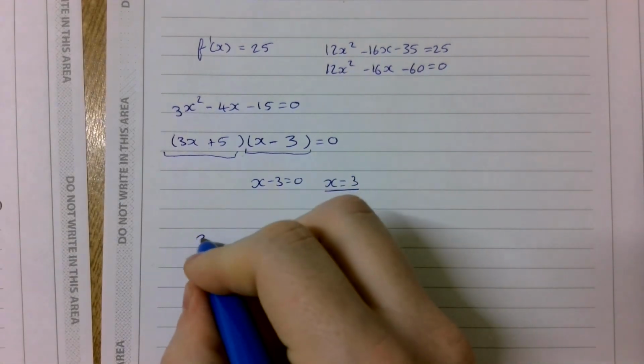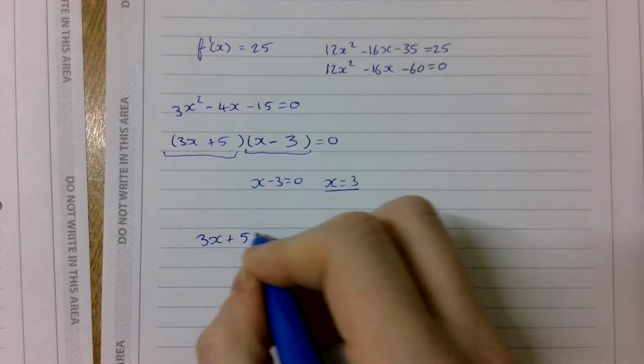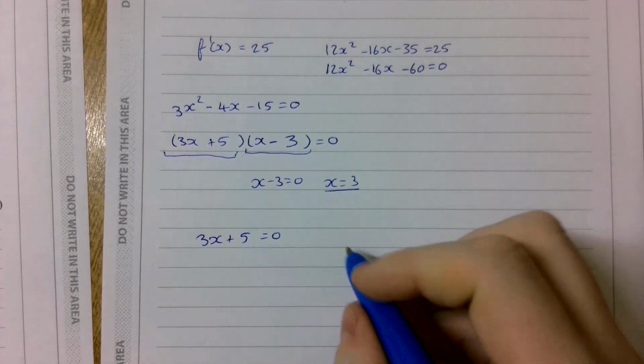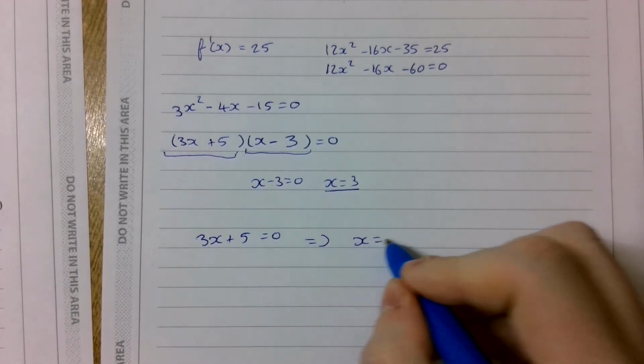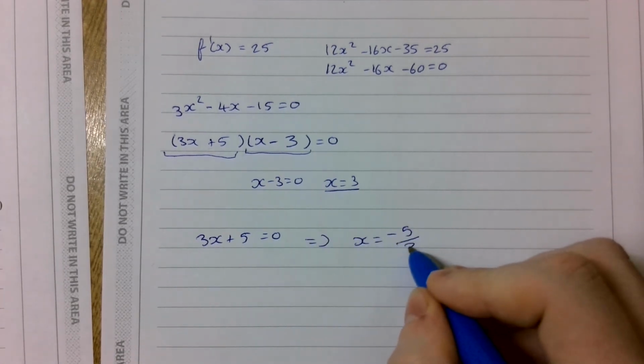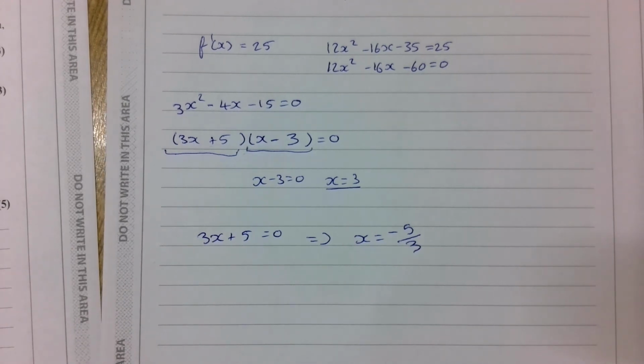Alright, so therefore we've got 3x plus 5 equals 0, which leads to x equals minus 5 over 3. Okay, that concludes C. Do let me know if there's anything in there that was unclear, but yeah, good luck.